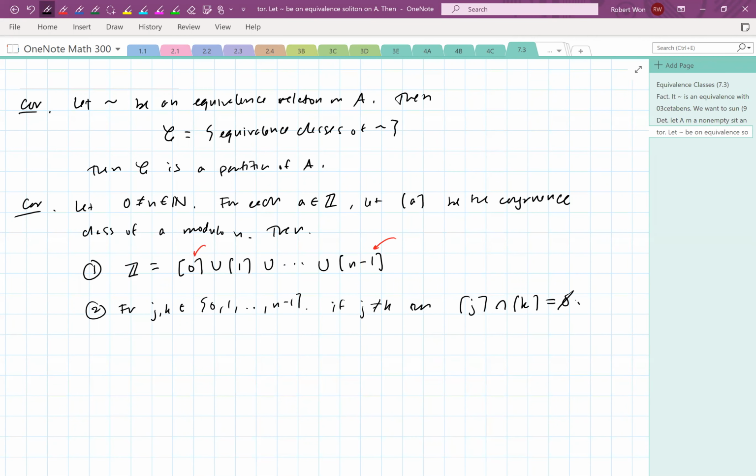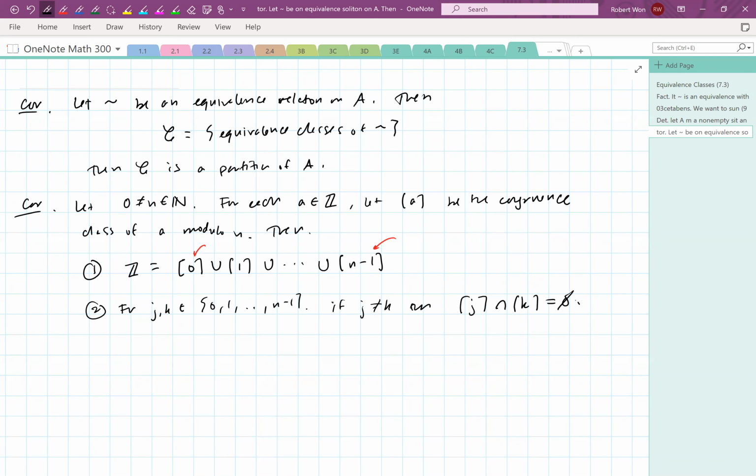Okay, all I'm doing is restating results in terms of congruence modulo n. But the point is that congruence modulo n is one of the most important examples of equivalence relations, and its equivalence classes are one of the most important examples of equivalence classes.